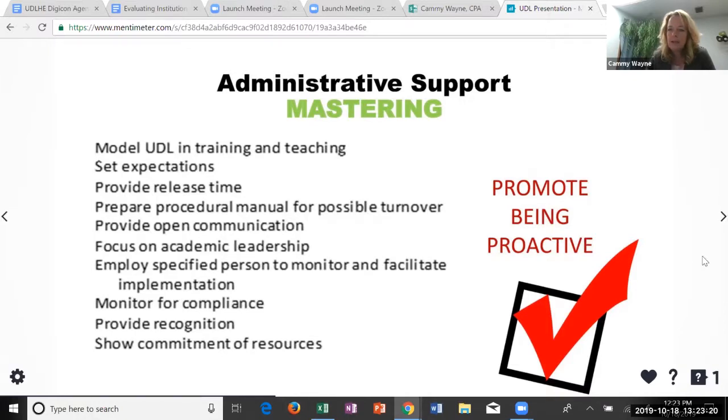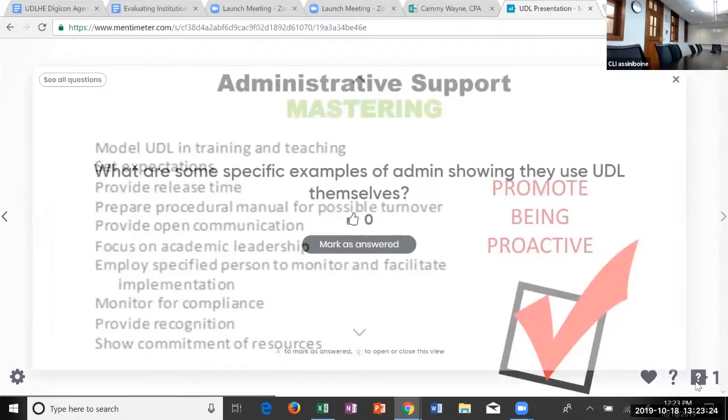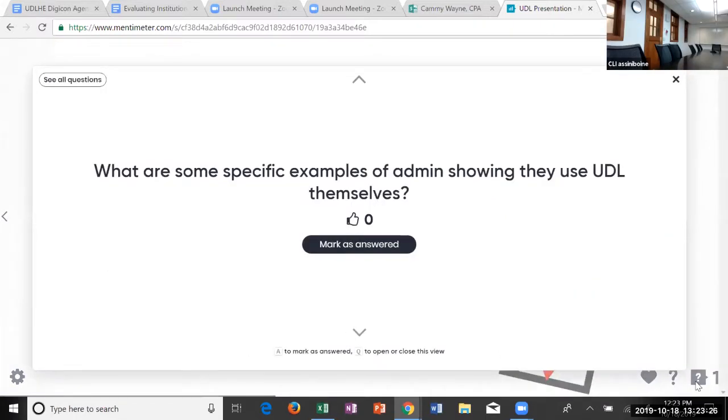Let me go back, and it's a good time to answer this question. Are there some specific examples of admins showing they use UDL themselves? Well, we currently have it used in our orientation meetings, and I know other colleges are doing that as well.